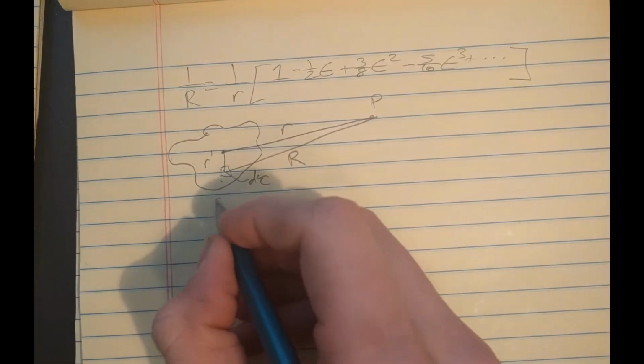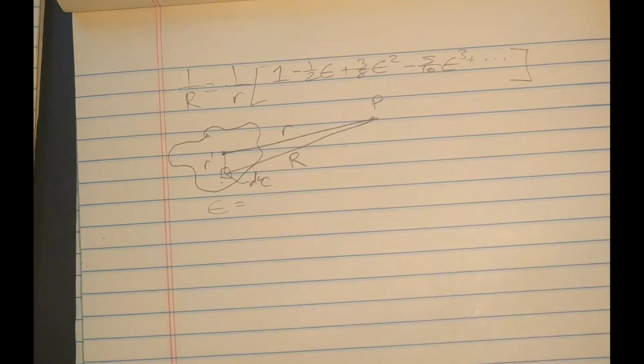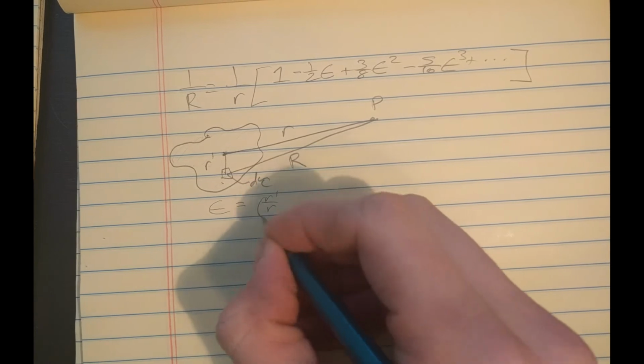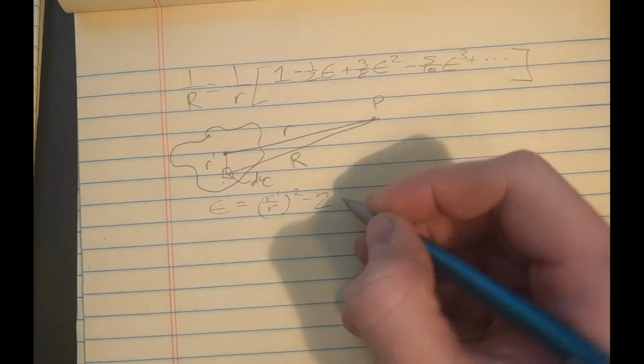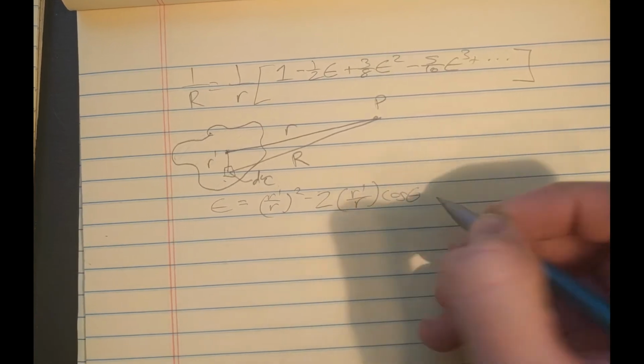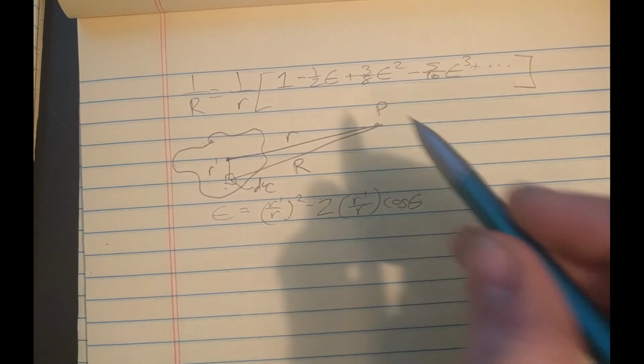Because remember, on the previous page, we said epsilon is equal to r prime over r squared minus 2 r prime over r cosine of theta. That's how we defined our epsilon. So I'm going to plug all this junk in for epsilon.